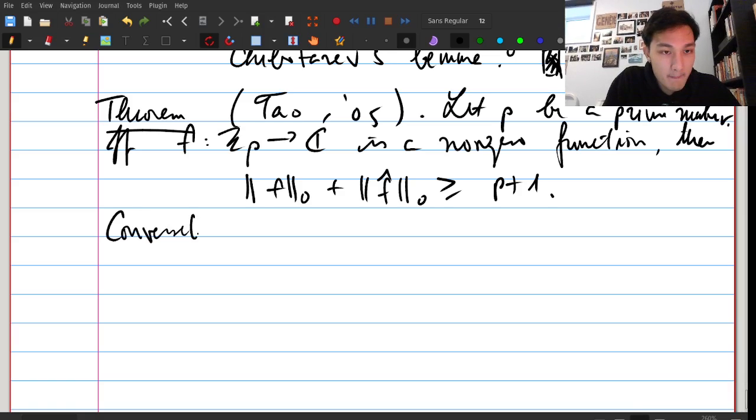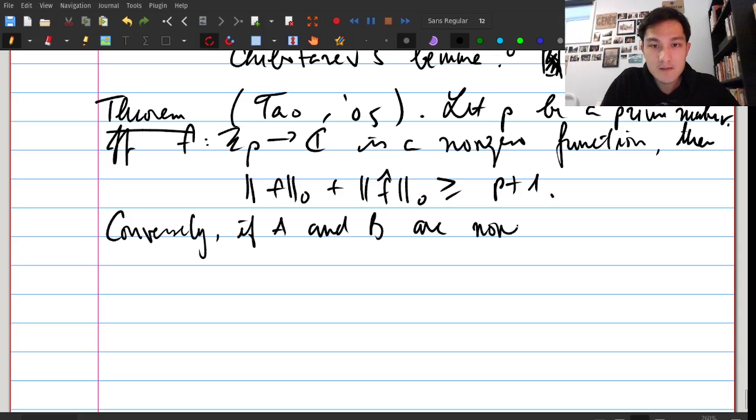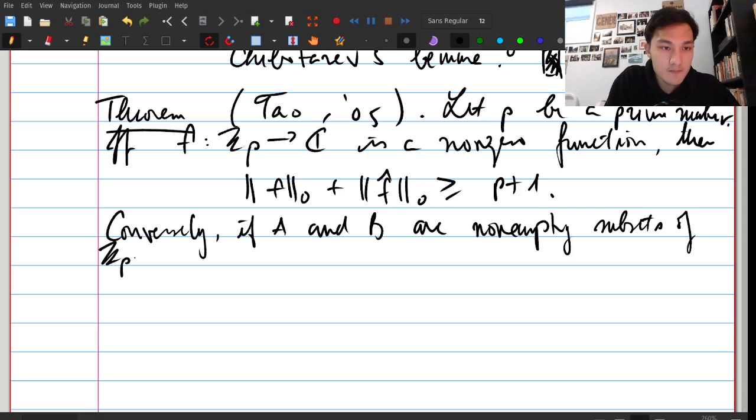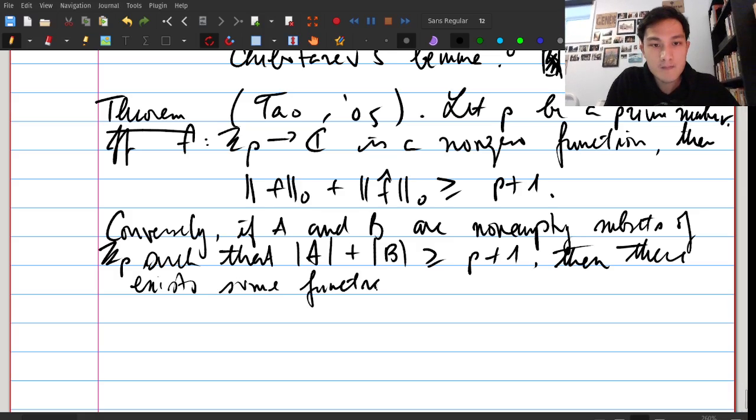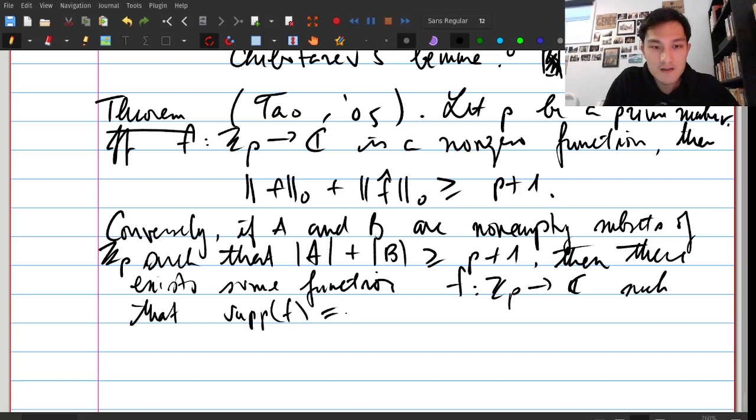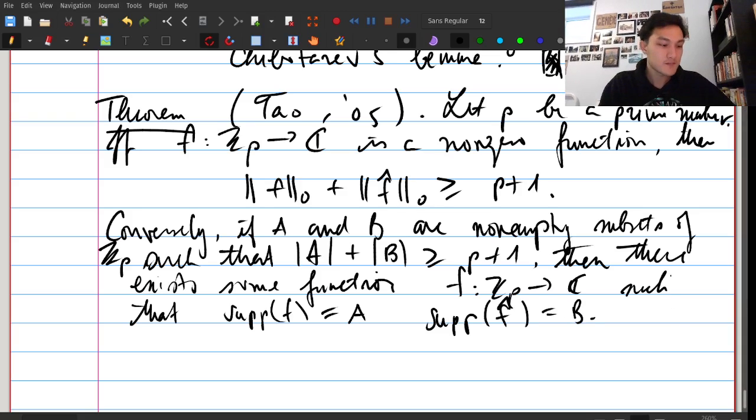Conversely, if A and B are non-empty subsets of Z_p such that the size of A plus the size of B is greater than or equal to p plus 1, then there exists some function f from Z_p to the complex numbers such that the support of f is equal to A and the support of f hat equals B. So it's quite a lot stronger.